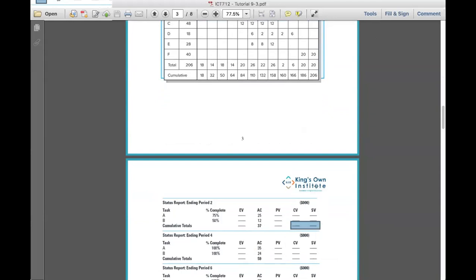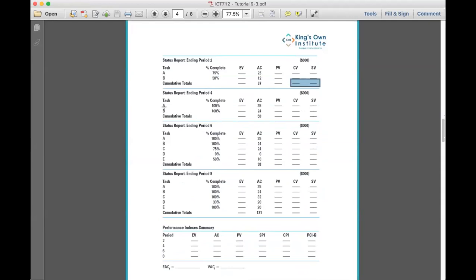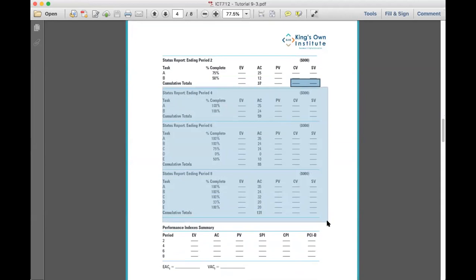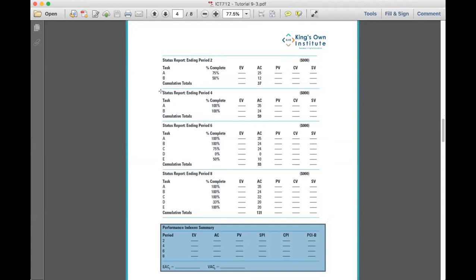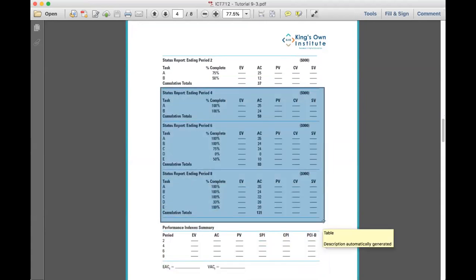Okay, so I need you to make the same calculations now, focusing on periods 2, 4, 6, and 8. After that, we'll be able to start working on that table here. Focus on these 3, and then I'll give you time to focus on the other aspects.